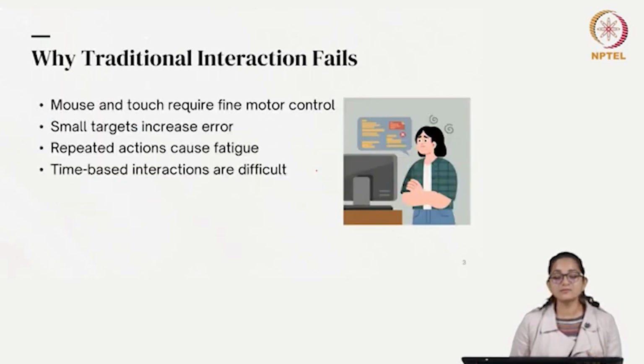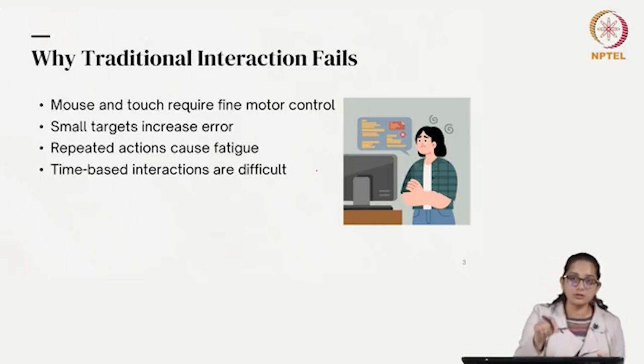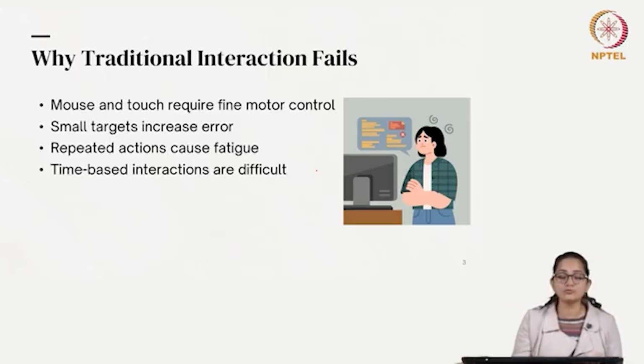So why do some of the traditional interaction elements and approaches fail when people with special needs, particularly with impaired motor skills, have to interact with them? So use of pen or use of smaller buttons or use of mouse or use of keyboard, that requires fine motor control.